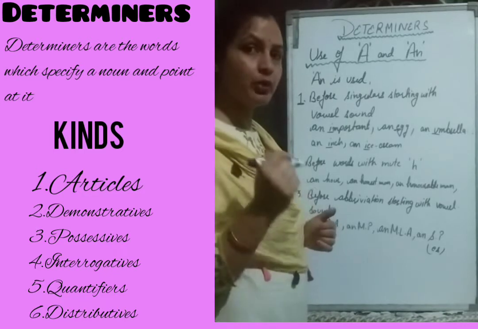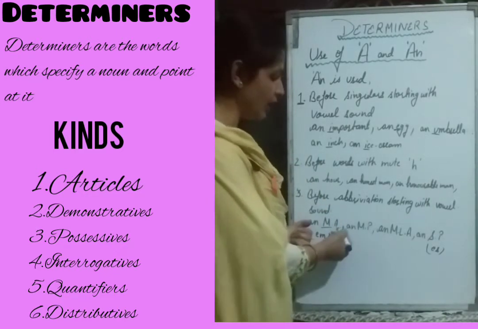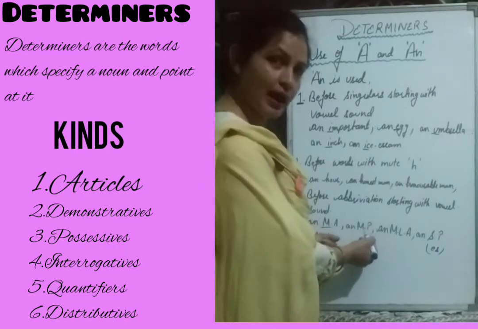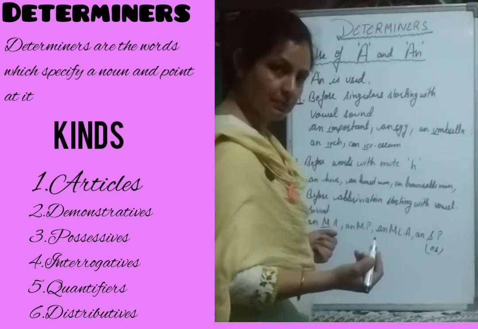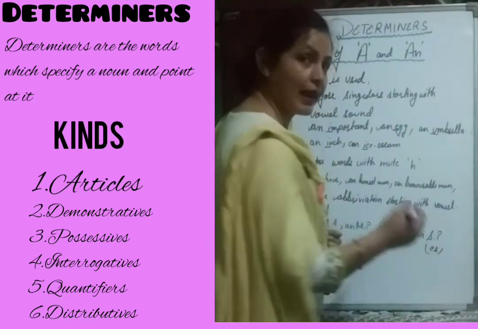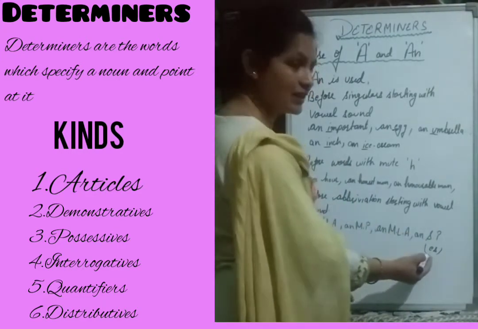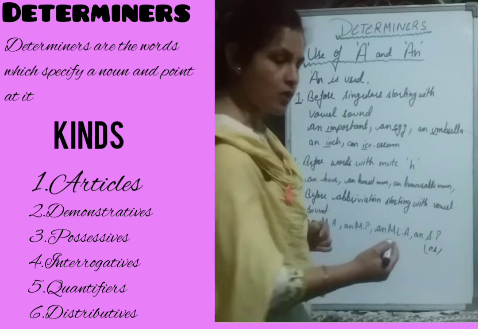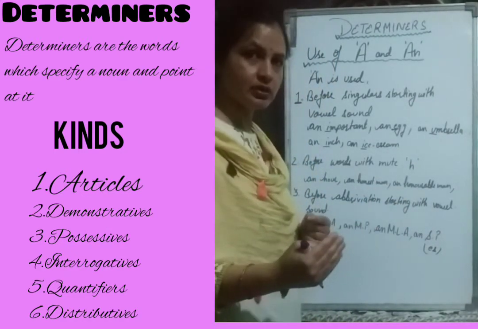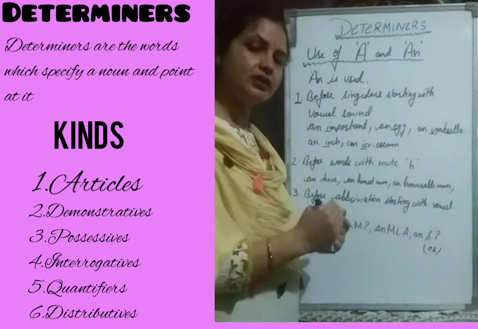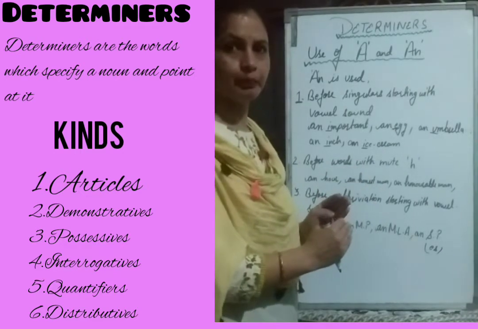But it produces the sound of a vowel, like EM. An MA, an MP, an MLA, an SP. And which sound is produced here? ES, and that is a vowel sound. So wherever such abbreviations produce a vowel sound, we place an article an before them.